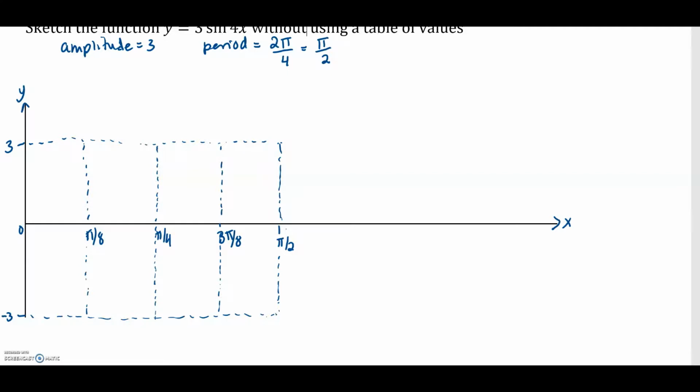Because we have 4 equal sections, our sine curve begins at 0, 0, so we have a 0, a second 0 at pi over 4, so halfway, and another one at the end point. And because our a value is positive, our function will increase, and we'll have a maximum at pi over 8 and a minimum at 3 pi over 8.